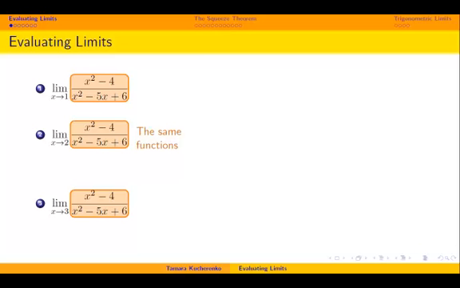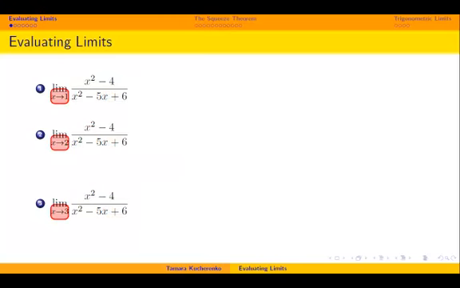However, in each case, x approaches a different number. X tends to 1 in the first example, x tends to 2 in the second, and x tends to 3 in the third.